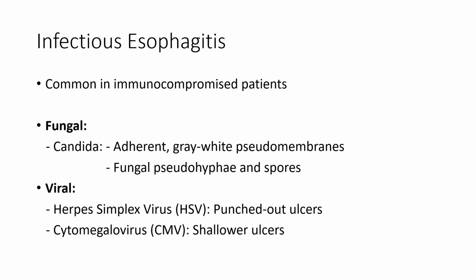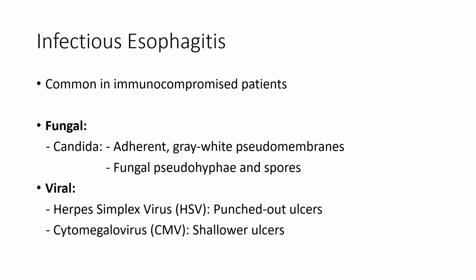Esophagitis can occur as a result of an infection, and the most common infections are fungal and viral. Infectious esophagitis usually occurs in immunocompromised patients, such as patients with AIDS or patients taking immunosuppressive drugs.